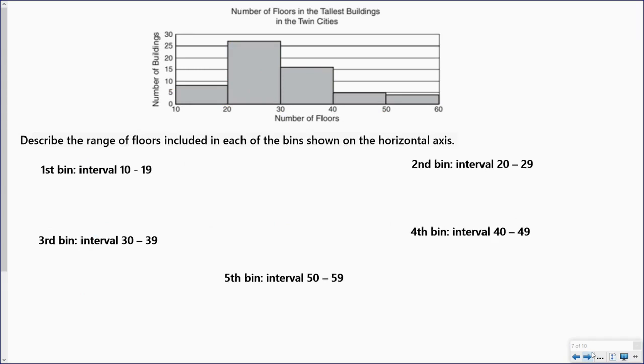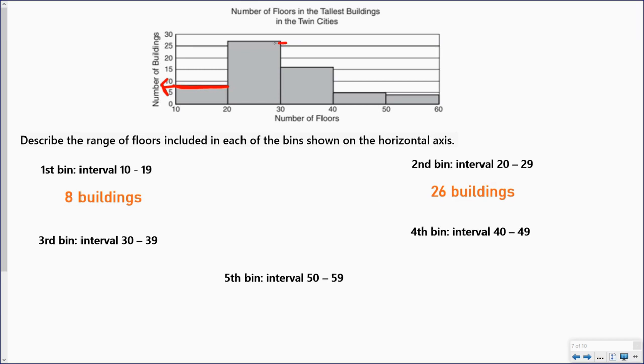Let's take a closer look at these bins. Describe the range of floors included in each of the bins shown on the horizontal axis. So in the first one, we have 10 to 19, and there are 8 buildings in there because, like we said before, this goes up to 8 and it's representing the number of buildings. In the second bin, we have 26.